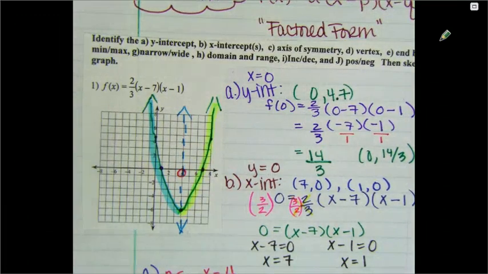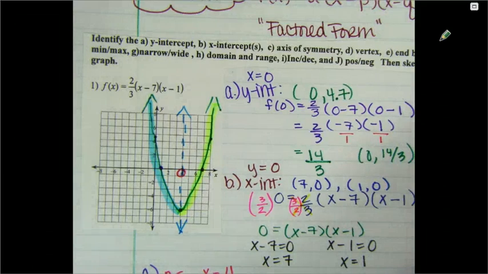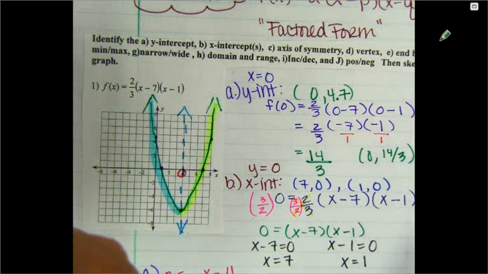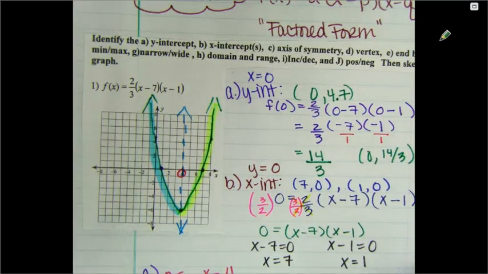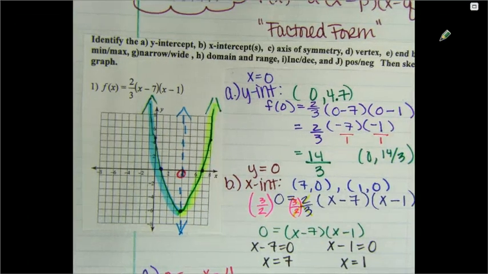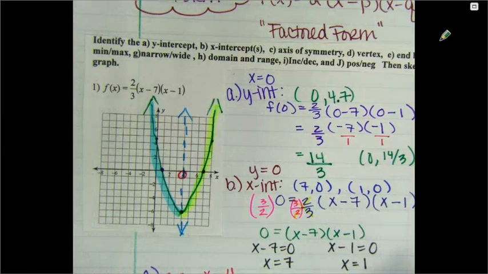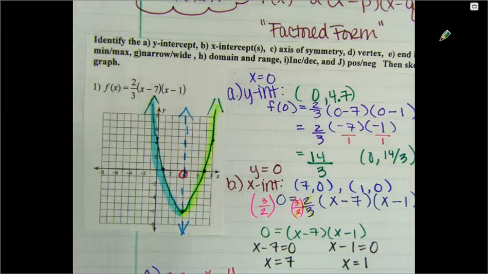Good. So where are we decreasing from? Negative infinity to? You're right, it's 4. And then you're increasing from where? 4 to positive infinity. Good.